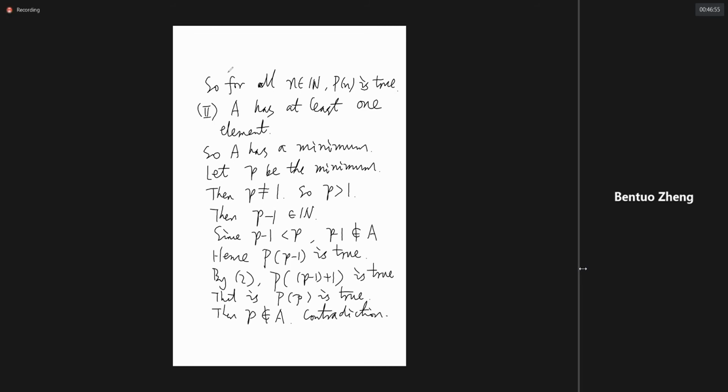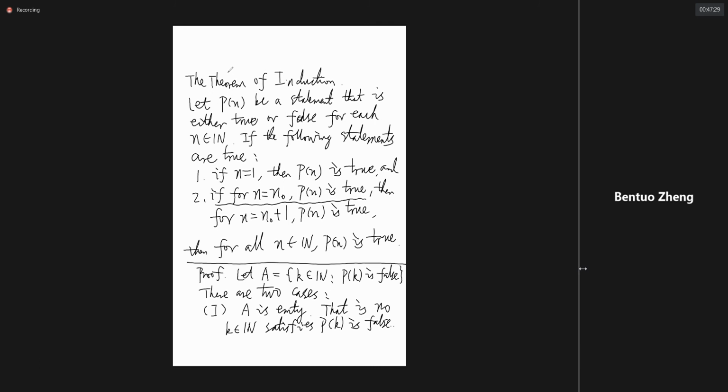So what this proves is that the set A has to be an empty set, because if A has at least one element, we reach an obvious contradiction. So you can see the proof just uses the properties of natural numbers and the conditions of the theorem of induction.